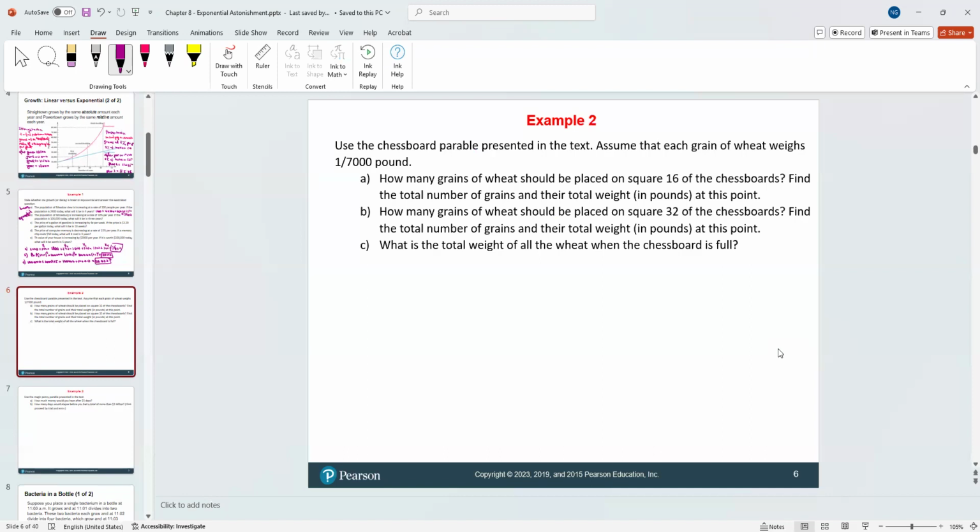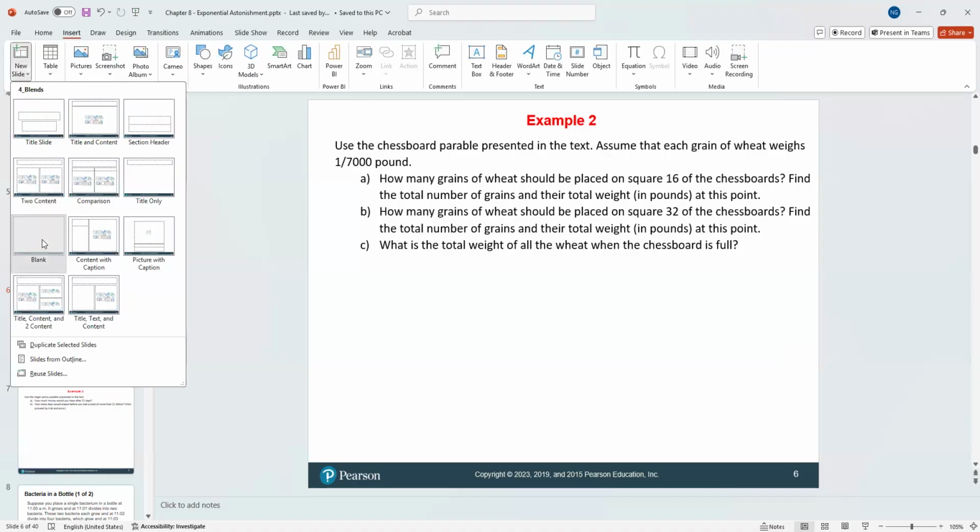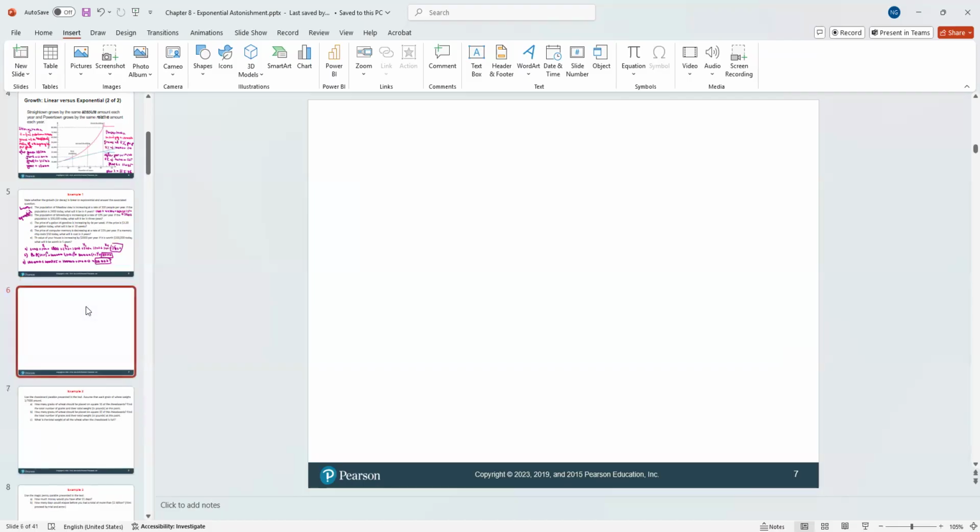So what I'm really suggesting is that, because we have so many different things we can do, this one is all about the impact of doubling. So before we even go over these examples, I'm going to introduce what we call the impact of doublings, and I'm going to put it before this one.